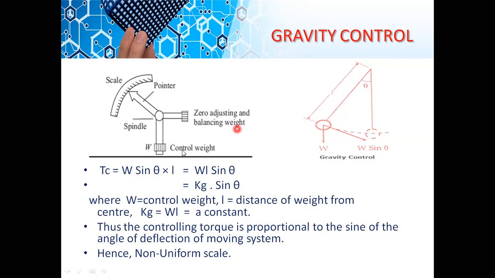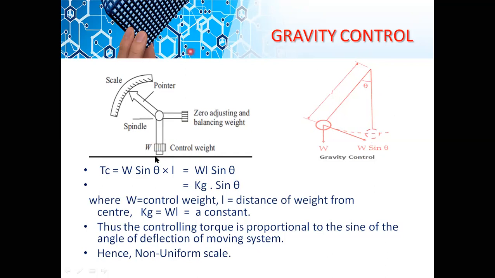Now let us see how it works. This is the position of the spindle, and here is where the controlling weight is applied. From the center to the weight, say the distance is L, and this is how gravity works. Actually it was in this position.